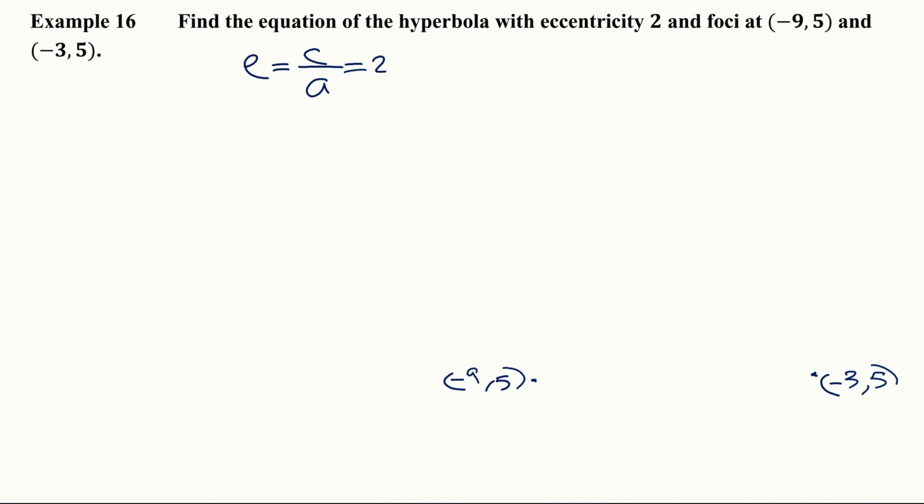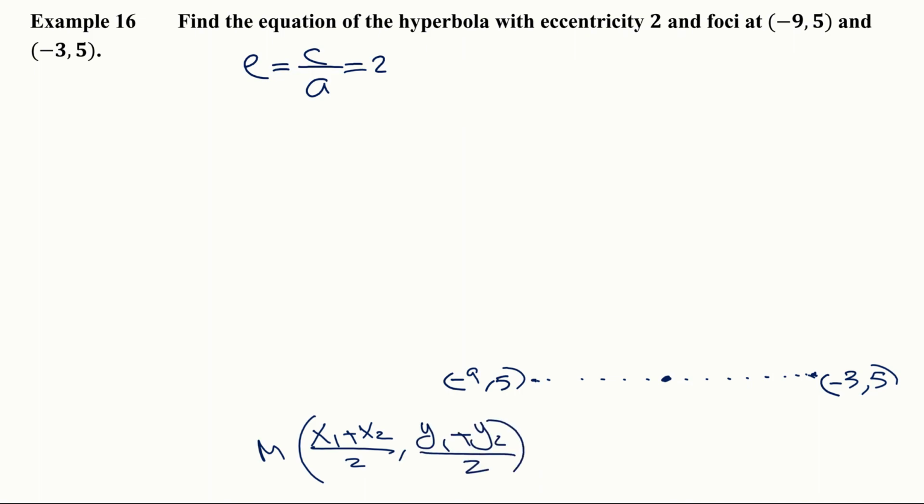And we know that the center is going to fall exactly halfway between the foci, right? So if we need the midpoint, remember the midpoint formula for 2 points is going to be x1 plus x2 over 2, comma, y1 plus y2 over 2.